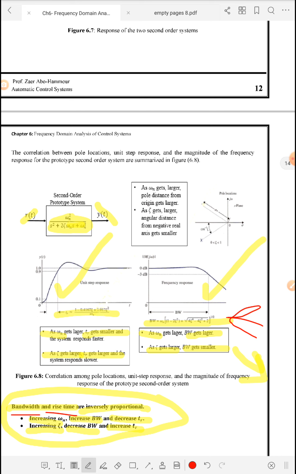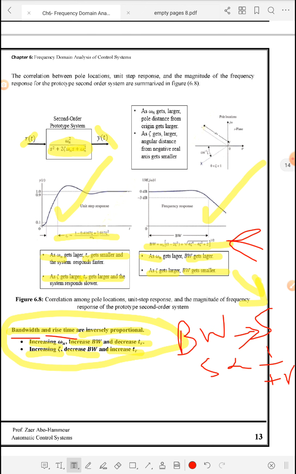So what about the bandwidth relationship with the speed? They are directly proportional, because speed is proportional to 1 over TR, as I discussed in the previous page. Speed is proportional to 1 over TR.